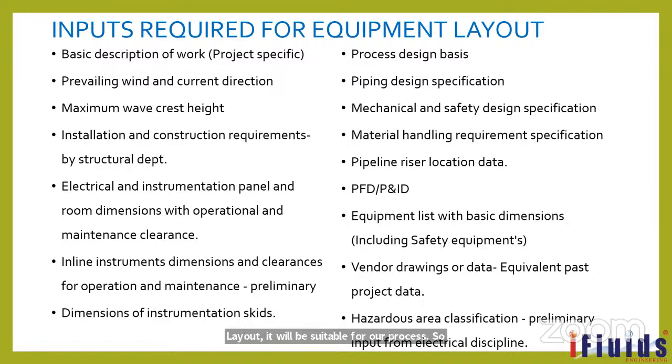Initially, in any greenfield project, if it is an expansion project, there is no problem. If it is a greenfield project, initially we will normally make 2-3 types of plot plan. One drawing showing the process unit on this side, raw material storage on this side, and final product storage on this side.